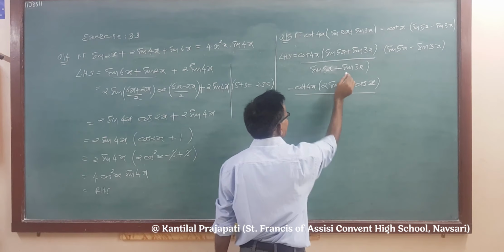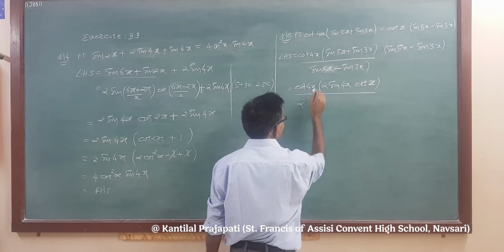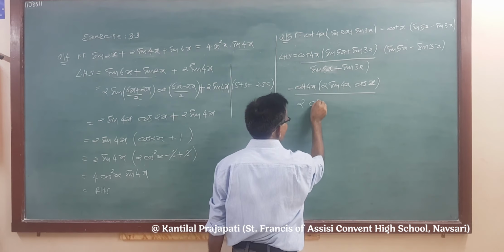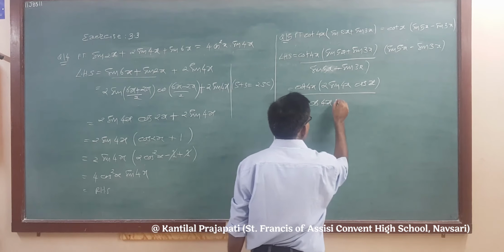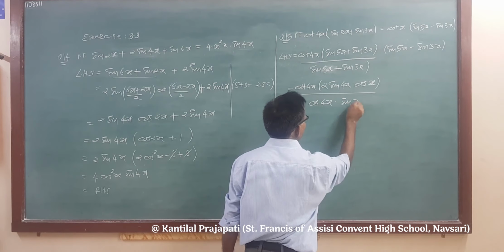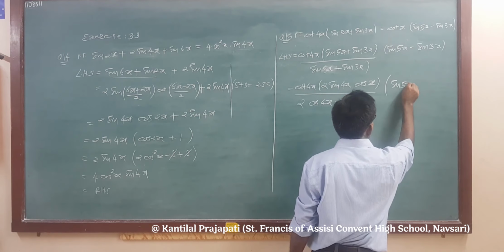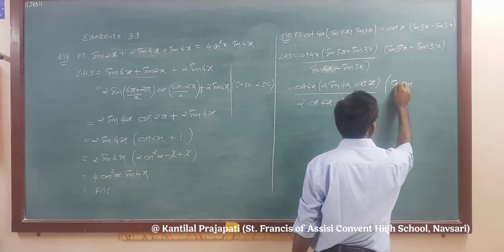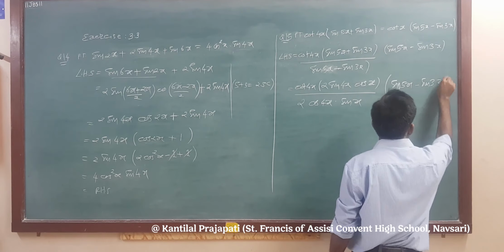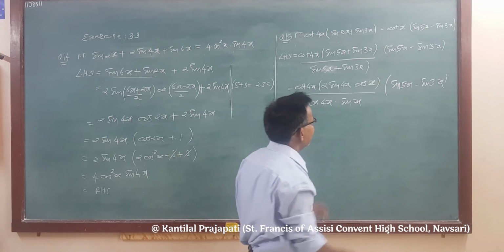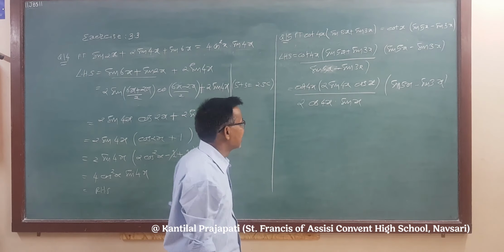this also, sin 5x minus sin 3x, as sin minus sin will be written as 2 cos sin. So we write 2 cos of 5x plus 3x, 8x by 2, and into sin of the difference, 2x by 2, and this term is sin 5x minus sin 3x. Why have we multiplied? As RHS requires sin 5x minus sin 3x, so we have multiplied and divided by sin 5x minus sin 3x.